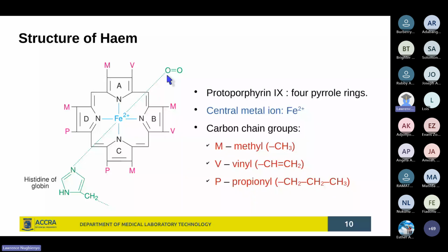Then you also see something depicted here. You have histidine of globin, which is to say, remember that this structure is non-protein. It is the prosthetic part. And it is found in each of the globin chains, each of the globin subunits. The globin subunit, which is a protein, is made up of amino acids.